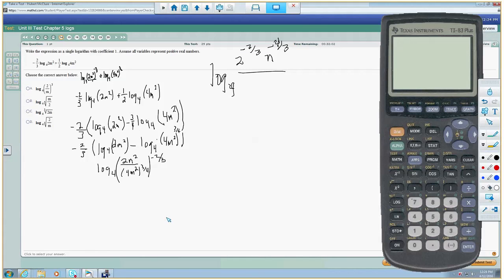Somebody do 2/3 times 3/4. What do you get? Squared. And that's going to be to the negative 1/2, which means I can bring this what?